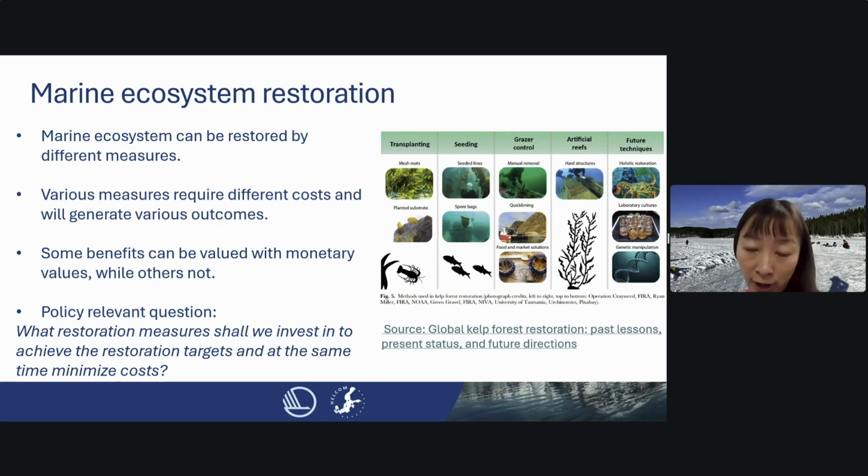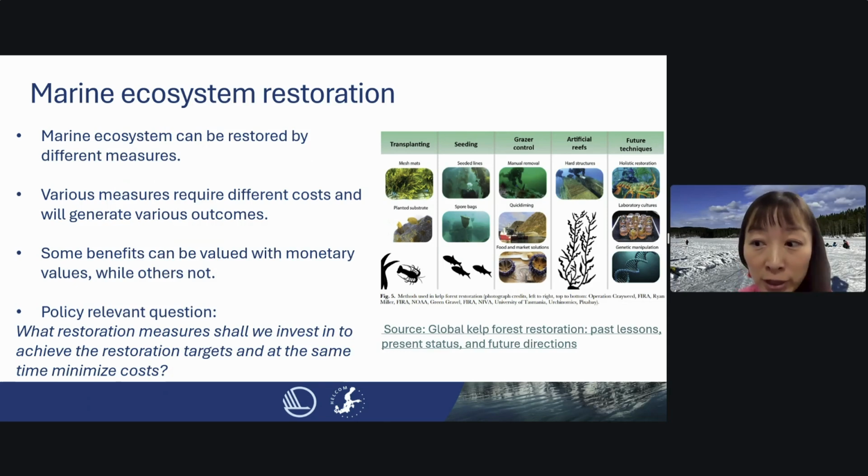The figure on the right shows the different measures we can use to restore, for example, the kelp forest. We can use transplanting methods, or different seeding methods, and we can also control the predator, control the grazer, and at the same time we can also use artificial reefs.